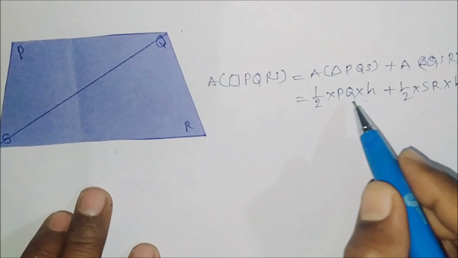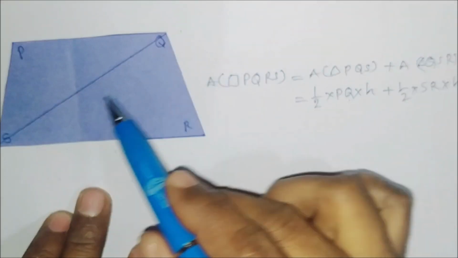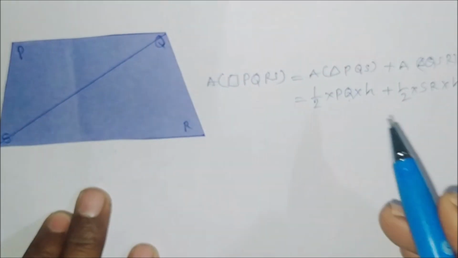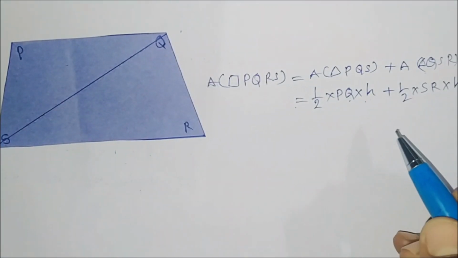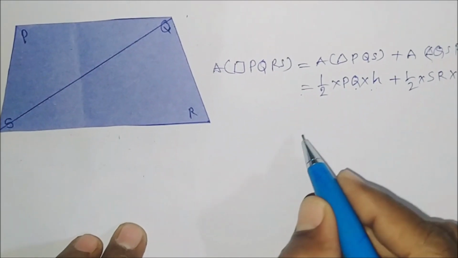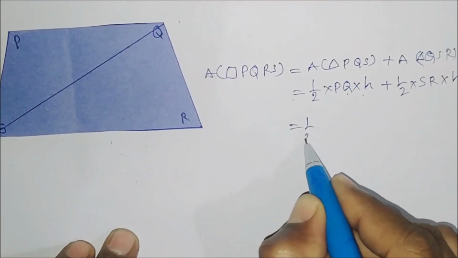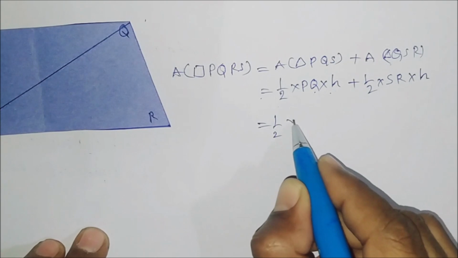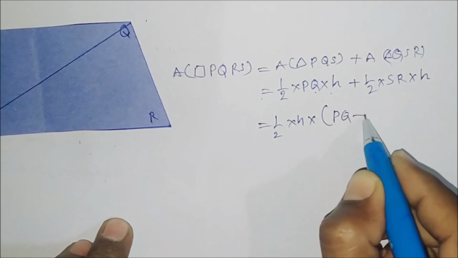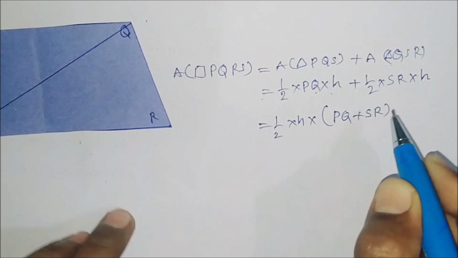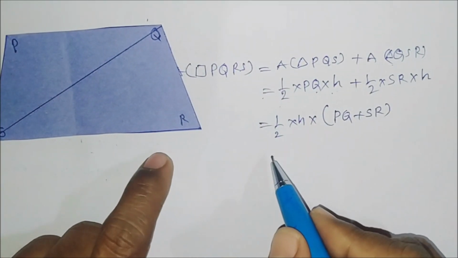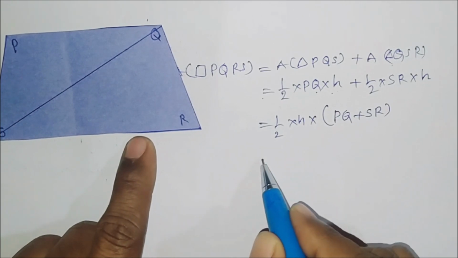Now H is the perpendicular distance between two parallel lines and which is same. Therefore 1/2 and H is the common factor. So it is equal to 1/2 into H and into bracket PQ plus SR. Now PQ plus SR is the sum of the two parallel lines.